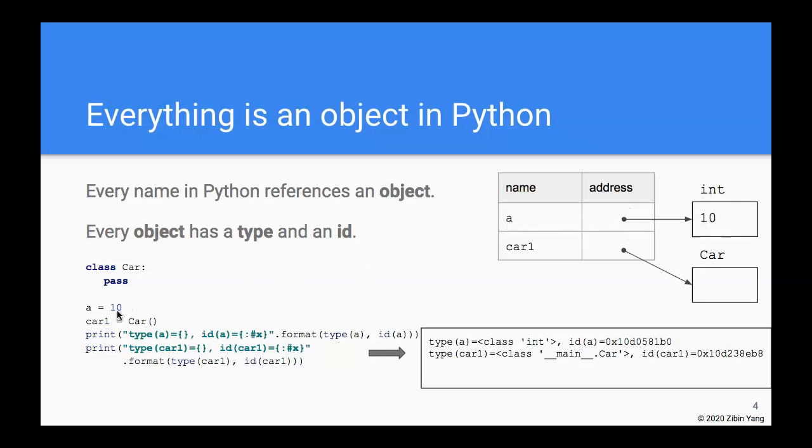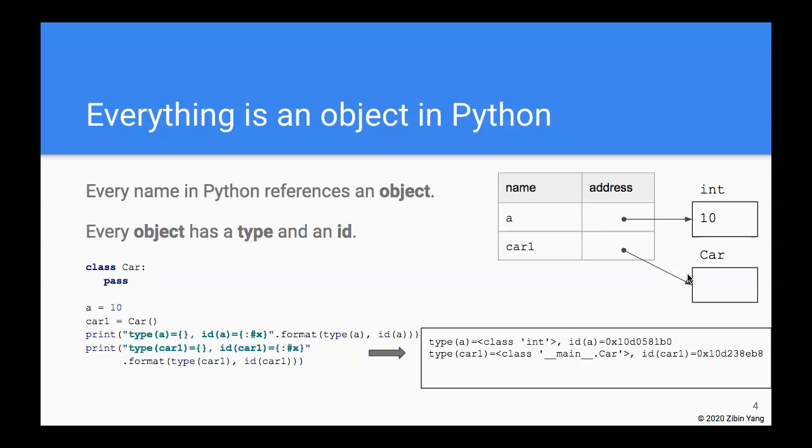So when we assign 10 to a, the name is a reference to an int object that holds the value 10. And if we instantiate a car instance and assign it to car1, then car1 is just a reference to a car object.